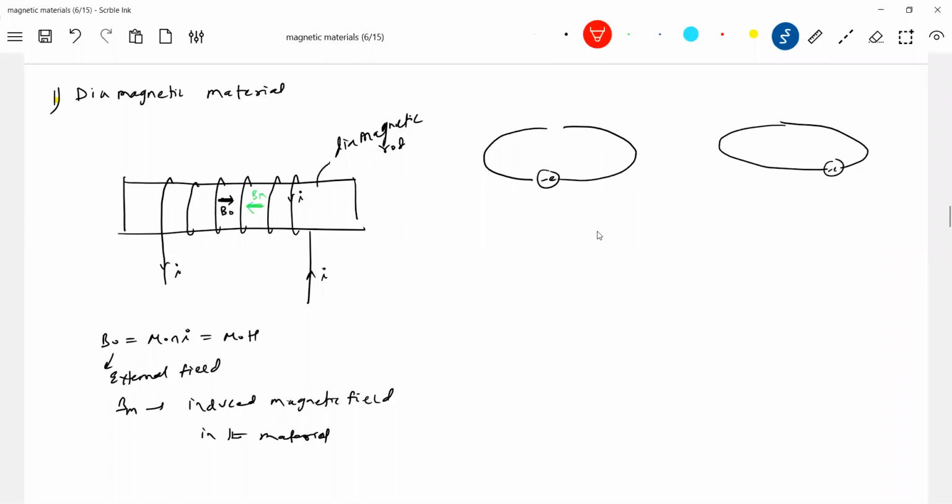Let the velocity of this be v, like this here. So they're moving, and this was having angular velocity.